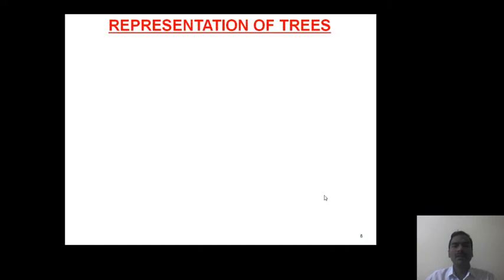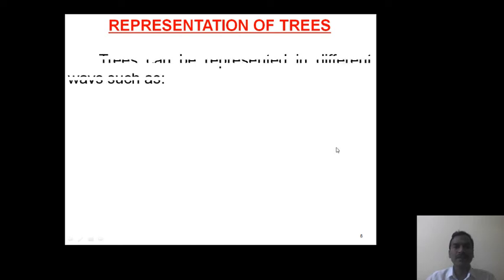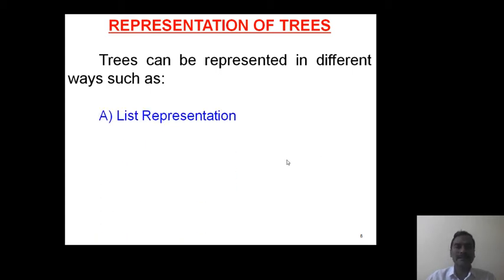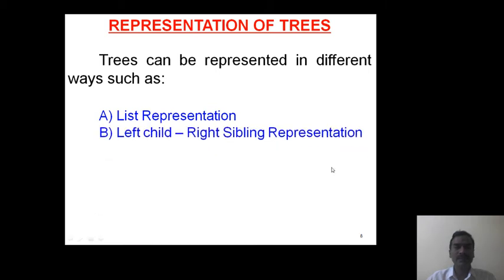Then we go for how to represent a tree: representations of trees. In general, a tree can be represented in 3 ways: list representation, left child right sibling representation, and degree 2 representation.